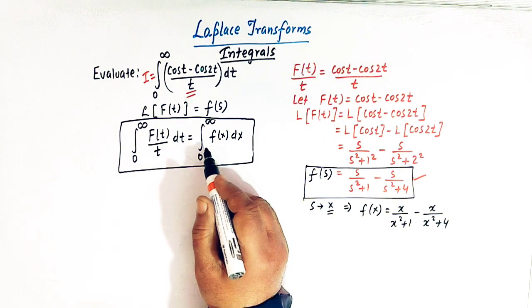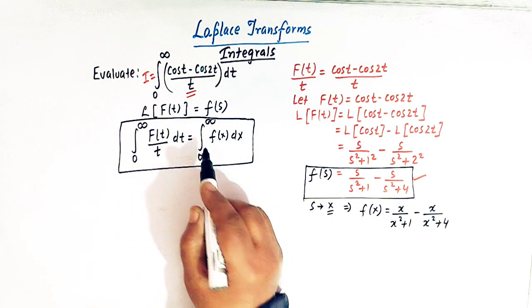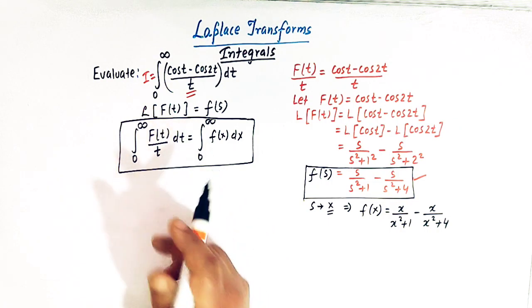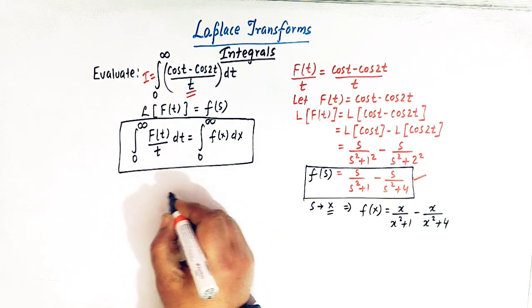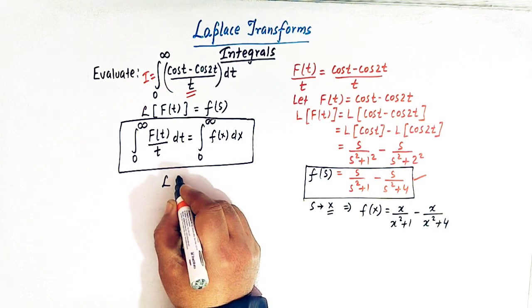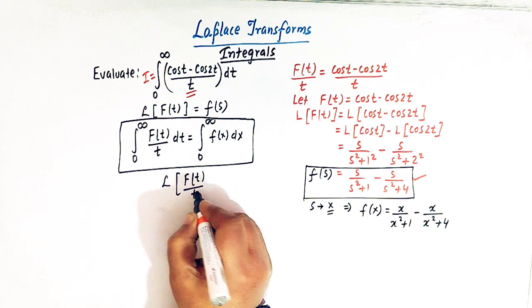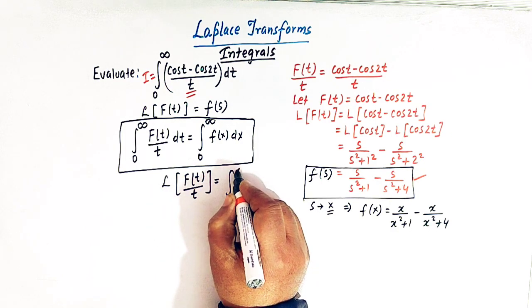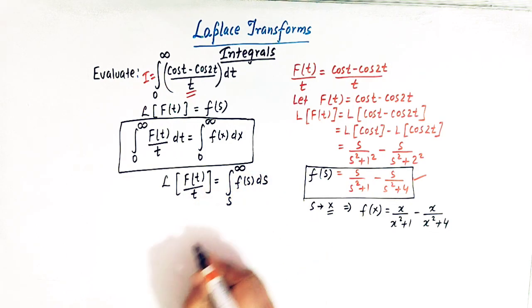So here we are using this property and we are not going to derive it, but we can mention that this property can be obtained from an important result, and the result is that the Laplace transform of f of t divided by t is equal to the integral from s to infinity of F of s ds, right?